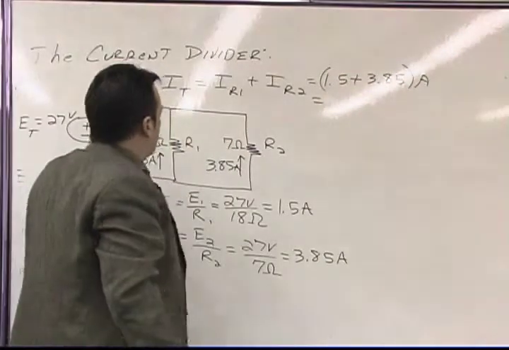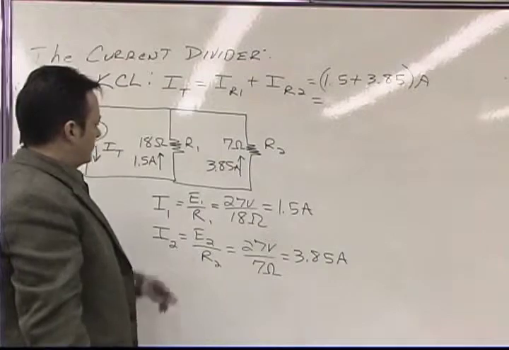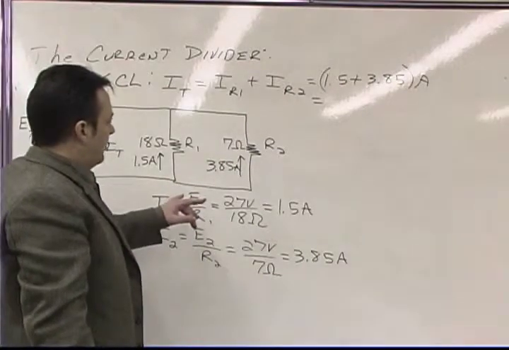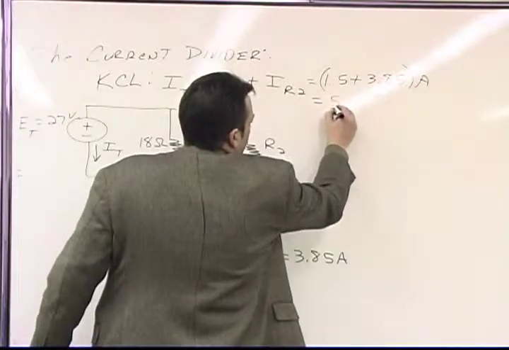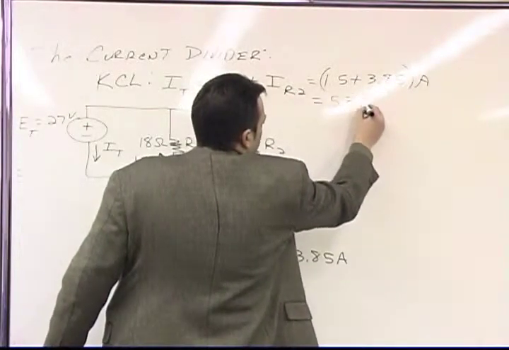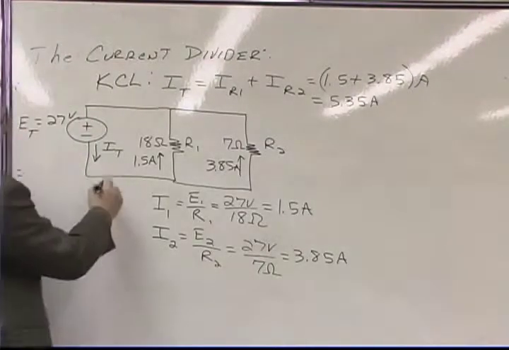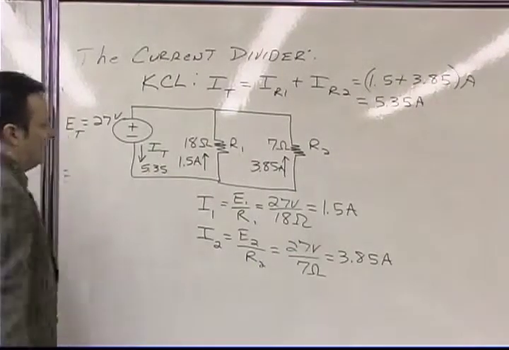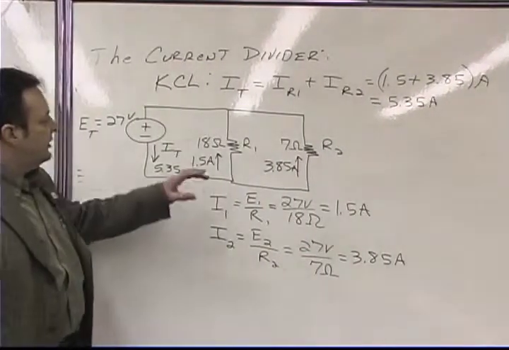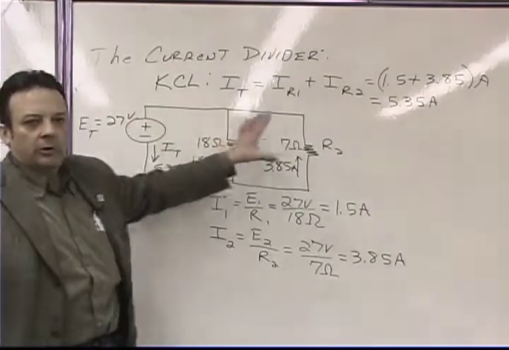So what do we get for our total current? 5.35. 5.35 amps. So the current flowing here then is 5.35 amps. So as you can see, using the current divider, you can figure out where the currents are everywhere in the whole circuit.